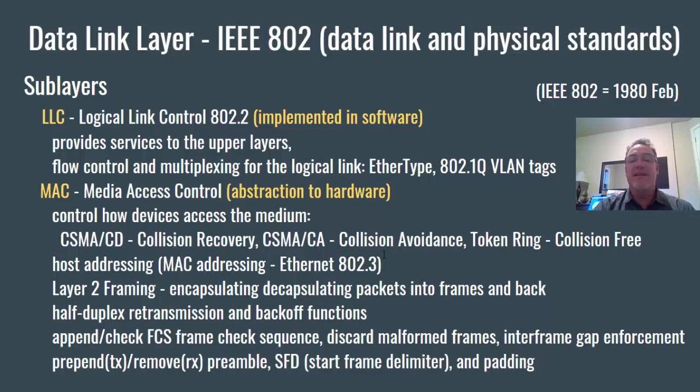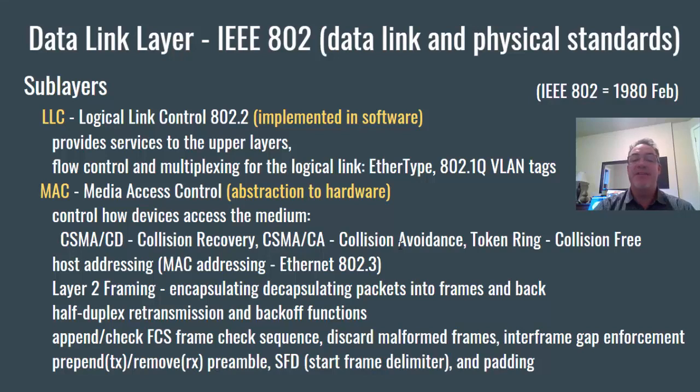All right, then at the lower sublayer, we have the MAC sublayer, the media access control sublayer, and this abstracts to the hardware NIC. The MAC sublayer does a lot. It controls how devices access the medium. So CSMA/CD, or collision detection, if we're dealing with Ethernet, was designed to handle collisions on the wire in half duplex.